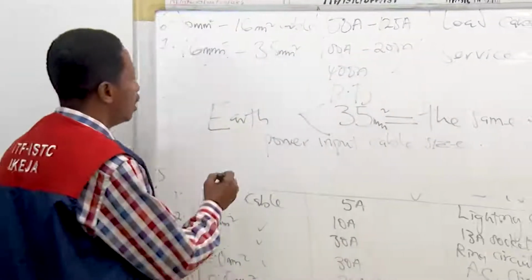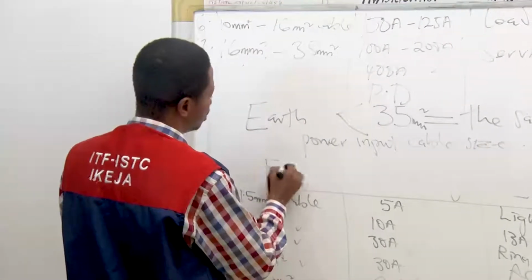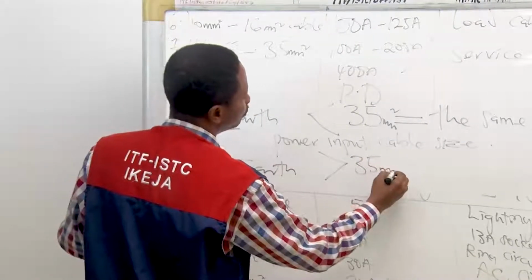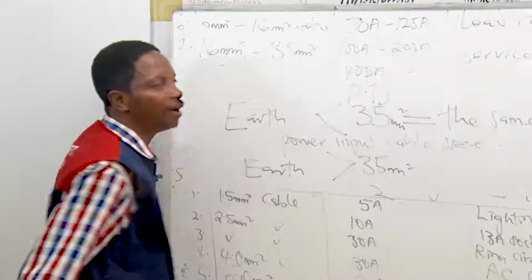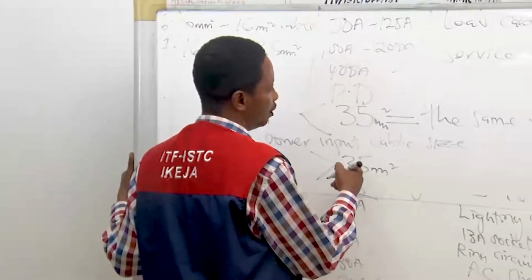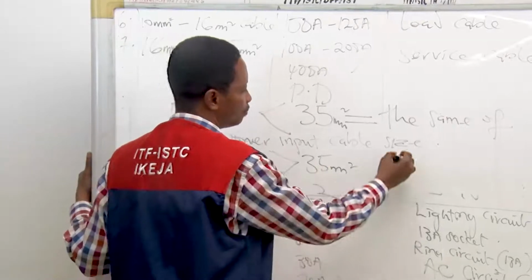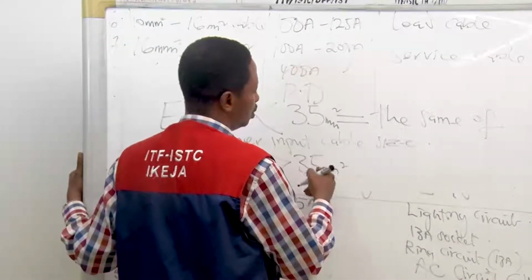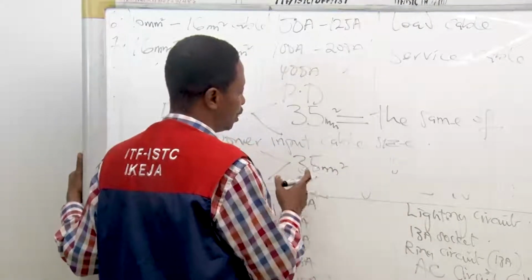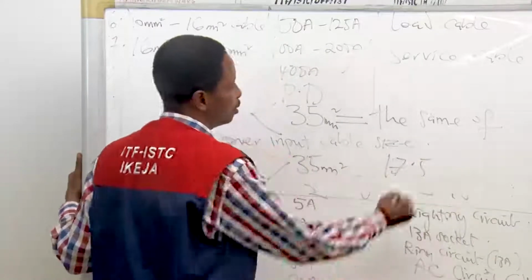And then, for earth cable, any cable above 35 mm, use divided by 2. So this 35 divided by 2 will give us what? 17.5 mm.